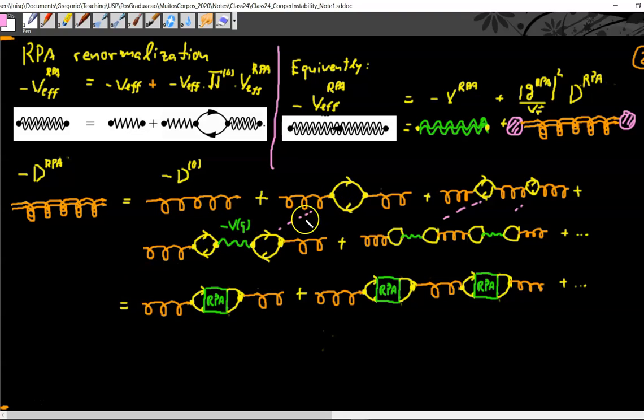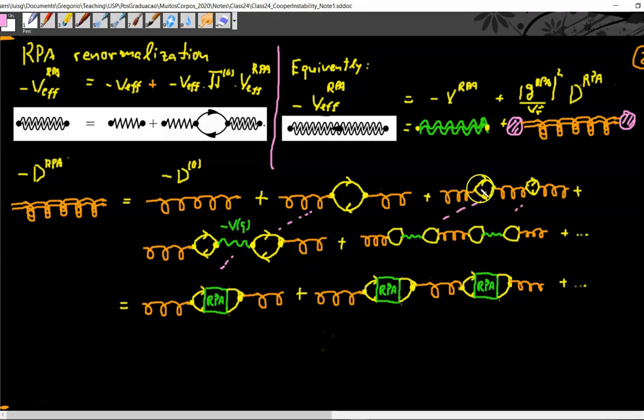One way to see this sequencing that I'm doing with this dotted line in magenta here is that I treat this as a bubble RPA. So two phonon lines sandwiching a bubble of RPA, that involves all the diagrams with bubbles coupled by interacting lines.